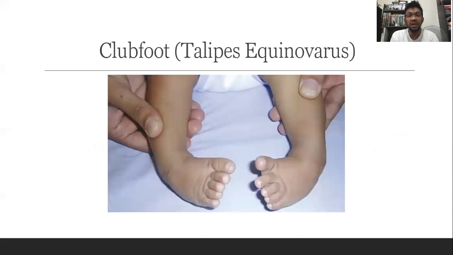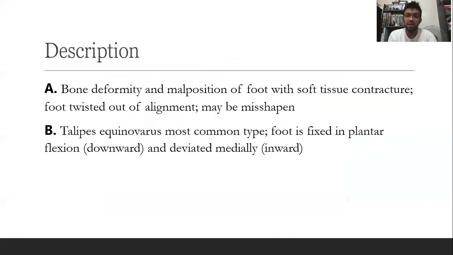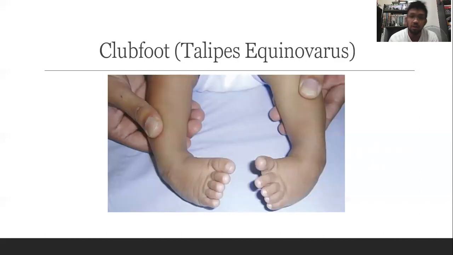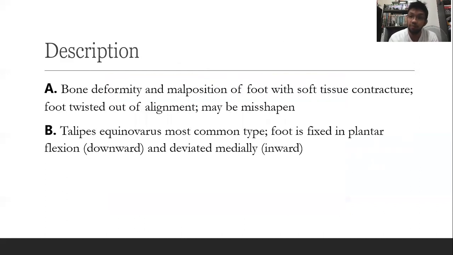So that's it for DDH. Now we go to clubfoot, or Talipes equinovarus. That's the Latin name of clubfoot. Description: there is a bone deformity here and malposition of the foot. As you can see from this illustration, the foot is turned inward with soft tissue contracture.